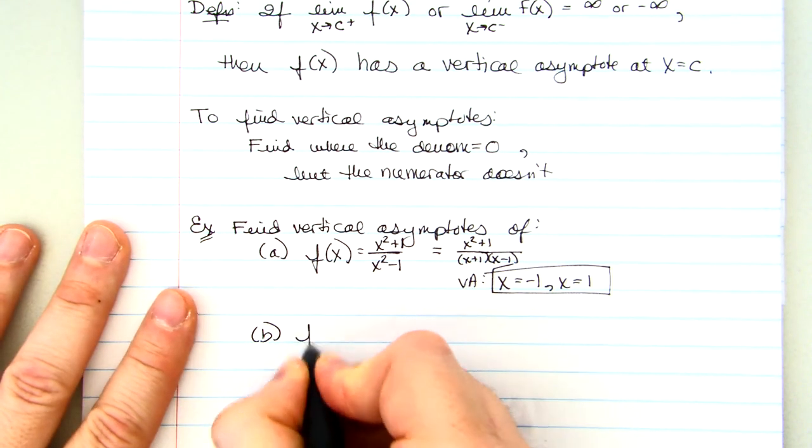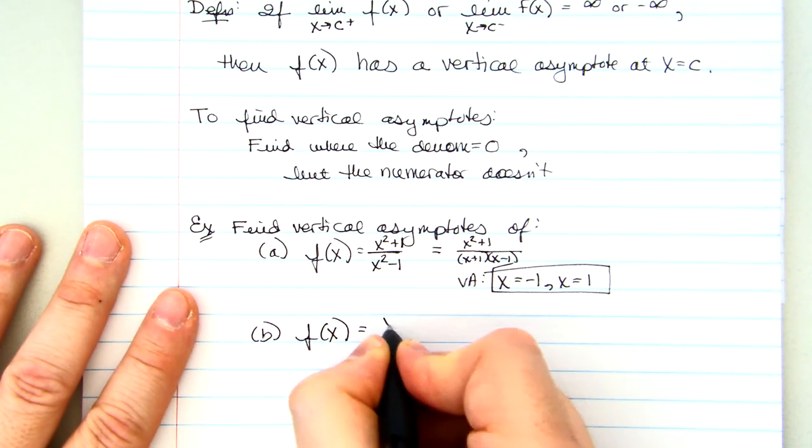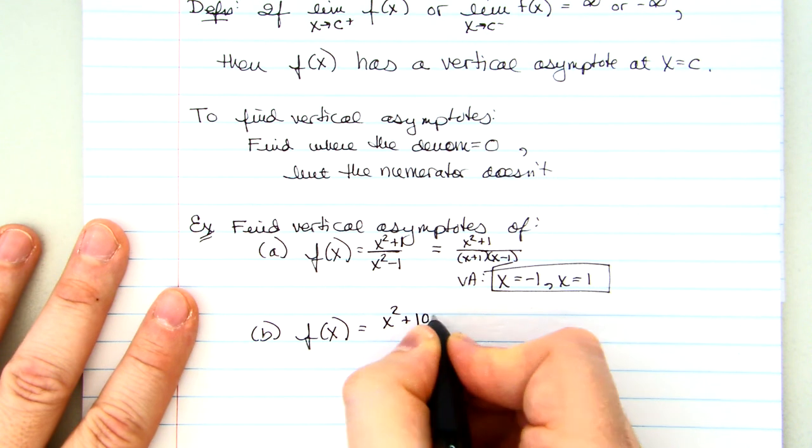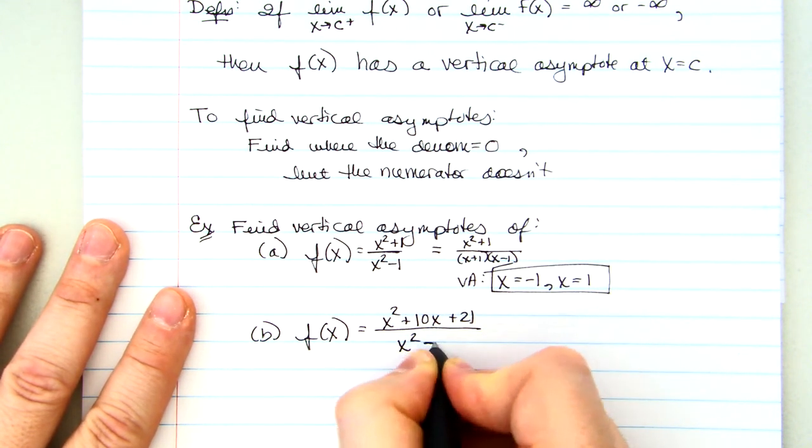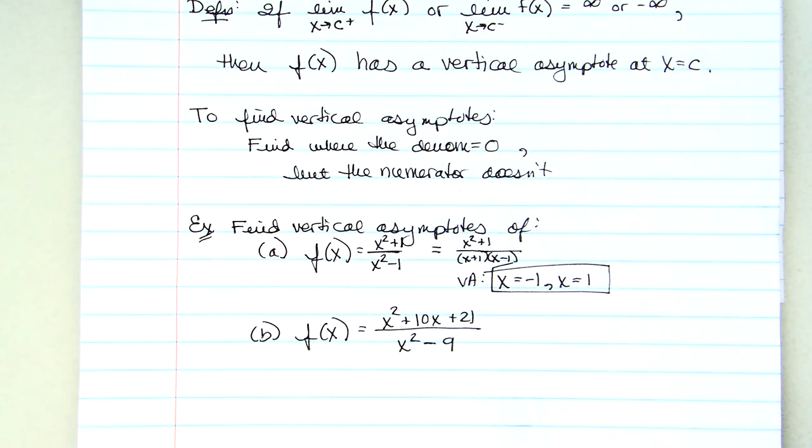Deal with f of x equals x squared plus 10x plus 21 over x squared minus 9, please. Find the equations of the vertical asymptotes. And I certainly hope your first thought was to factor this thing.